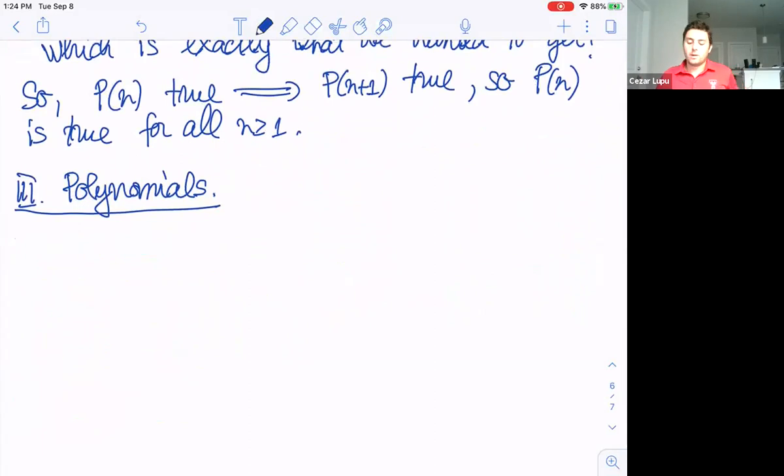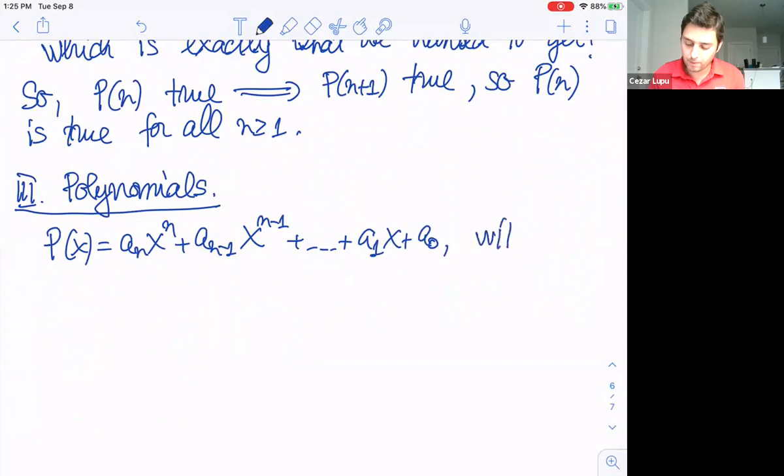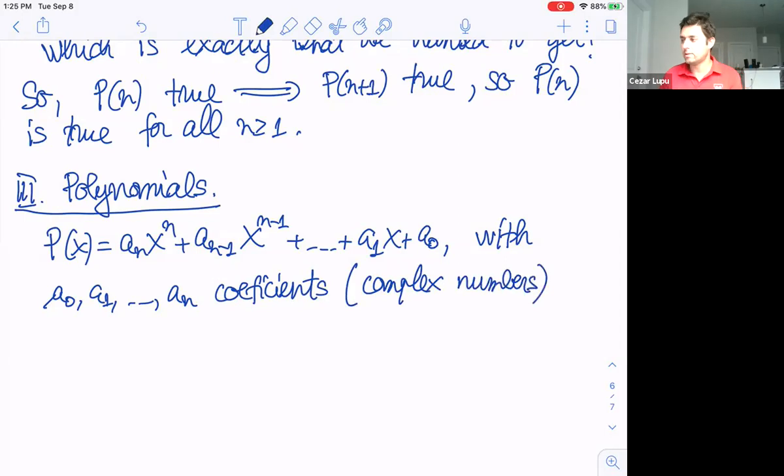A polynomial, basically, is something that looks like this: a_n x to the n plus a_{n-1} x to the n minus 1 plus ... plus a1 x plus a0, with these a0, a1, ..., an called coefficients, and usually they're complex numbers, let's say. It doesn't matter, they can be real numbers as well.